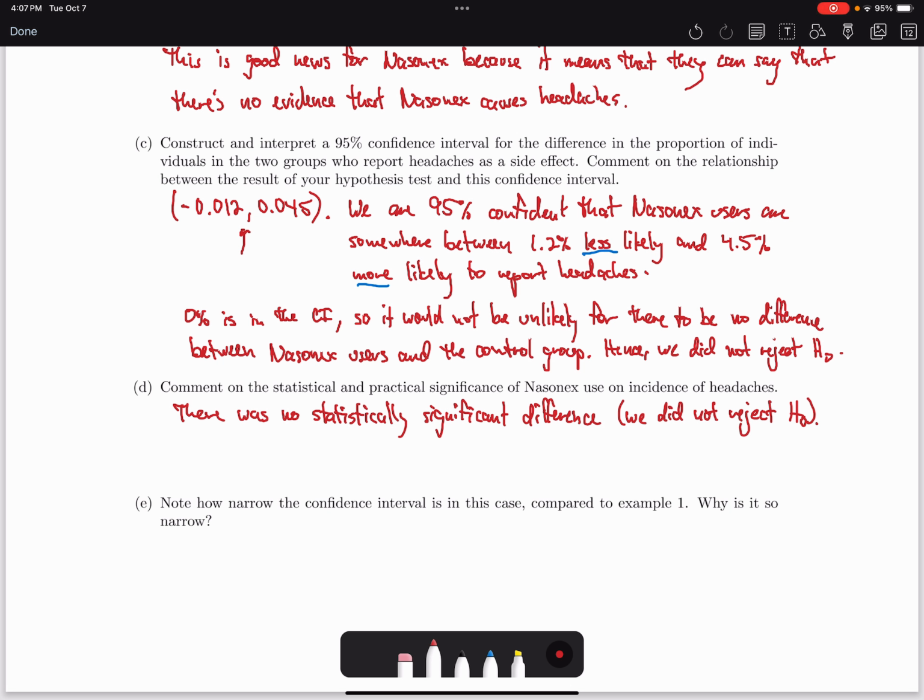And consequently, talking about practical significance, it's like, well, our test didn't detect any difference whatsoever. So there's clearly not going to be a practical significance since there was no statistically significant difference. So I would just say consequently there's not a practical difference here either.